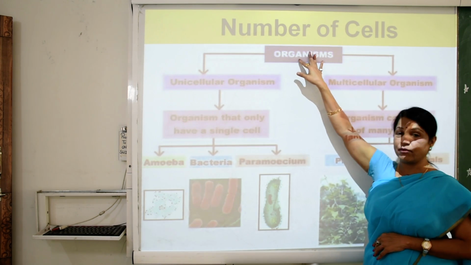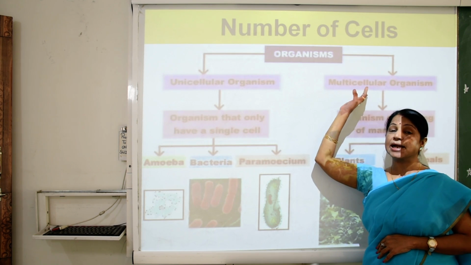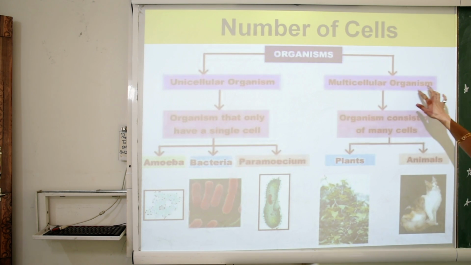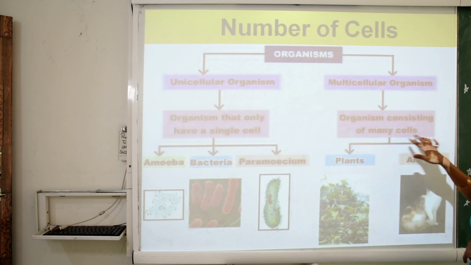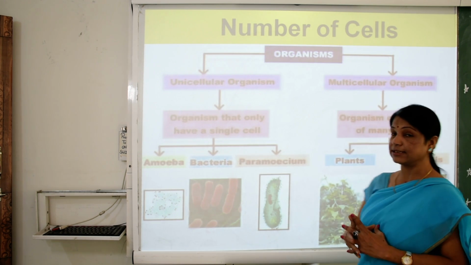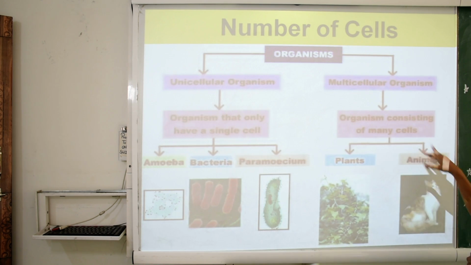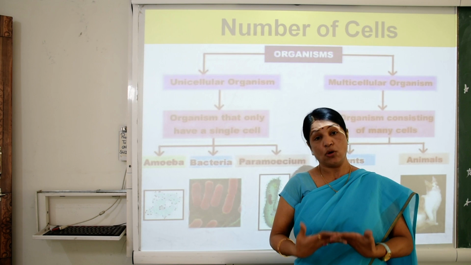Now further, we talk about the second part. Organisms are divided into two: first is the single cell, unicellular; second is the multicellular. So here we talk about the multicellular organism, an organism consisting of many cells, such as plant cells and animal cells. For plant cells, an example is the onion.